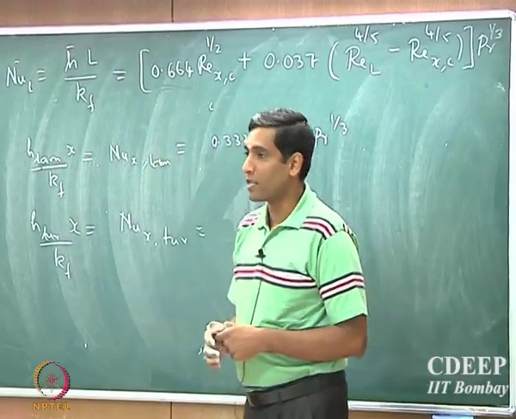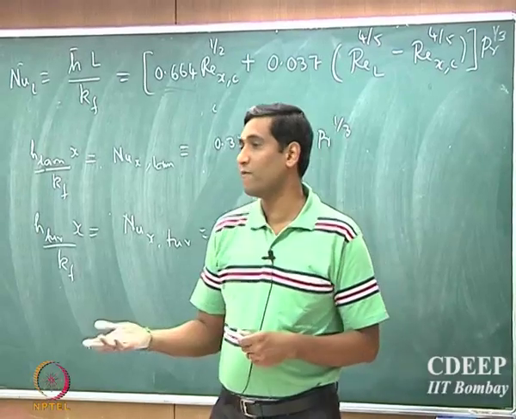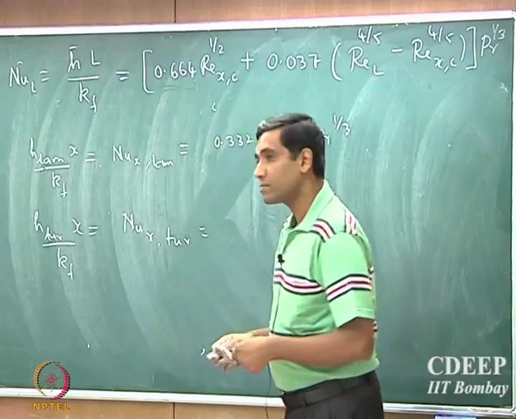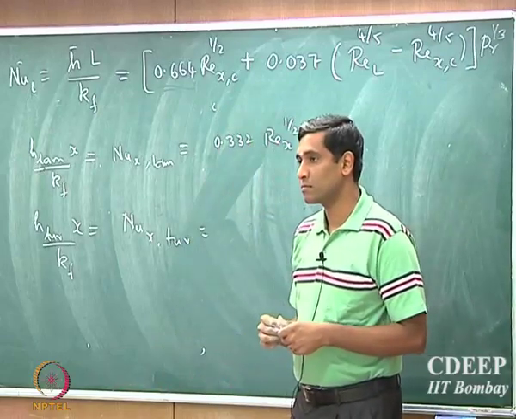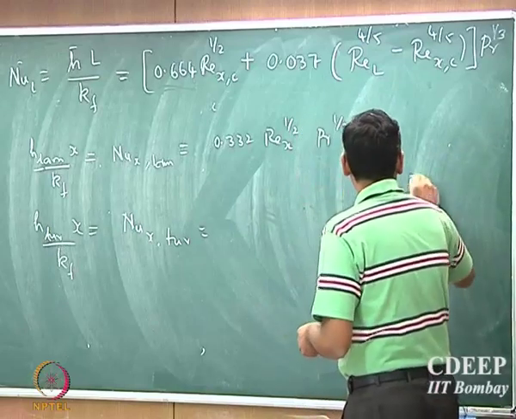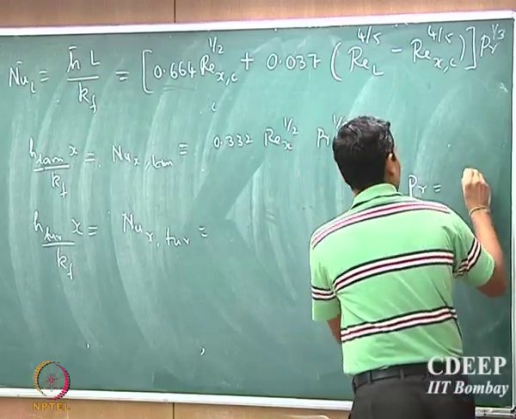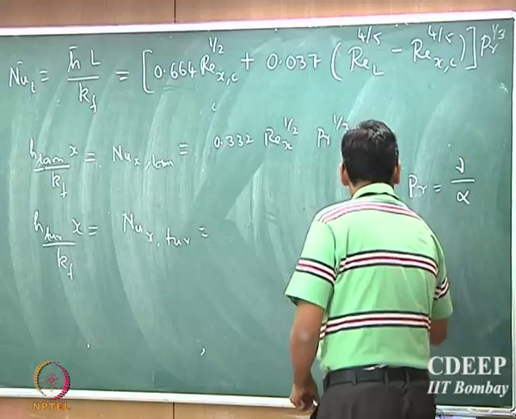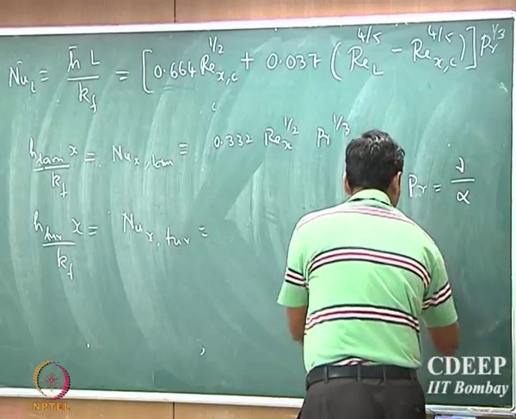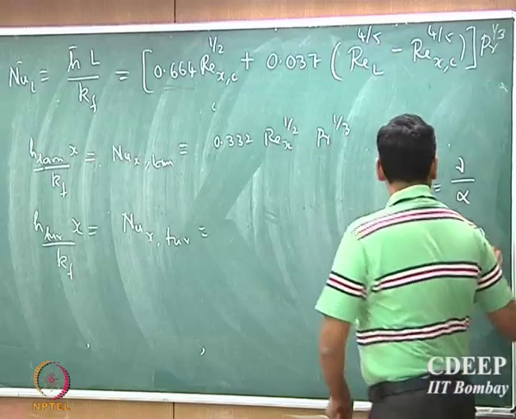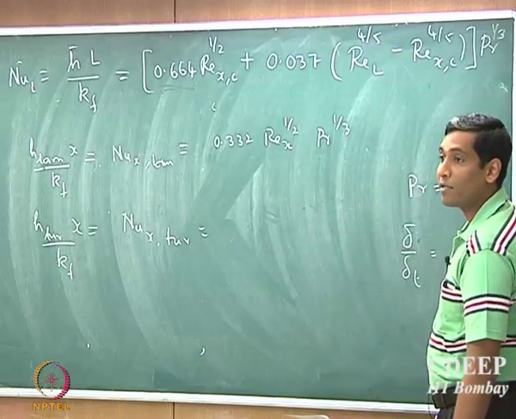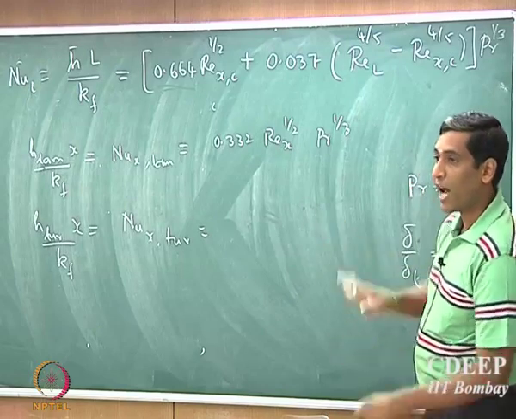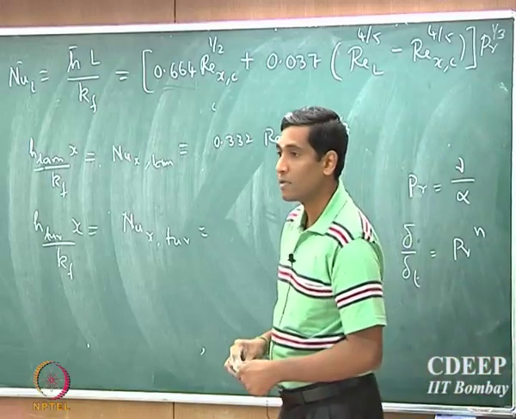If you assume that the properties are constant, it doesn't, but supposing you say that the properties change with the hydrodynamic condition. No, but Prandtl number is simply defined as nu over alpha, right? So now if we said that delta by delta T is Prandtl number to the power of n, this n is different for laminar and turbulent. So that n takes care of the difference in the height.